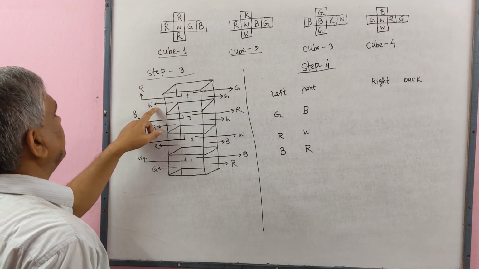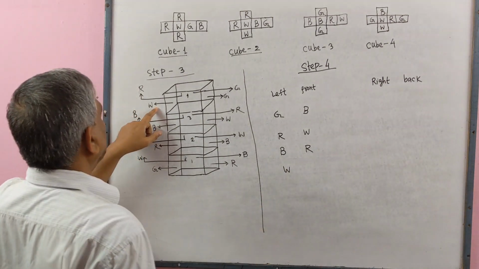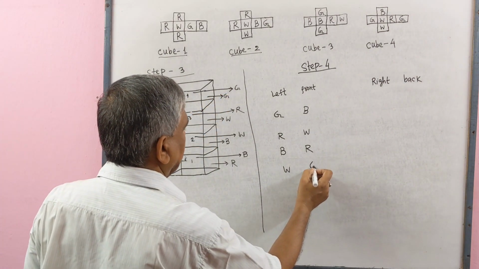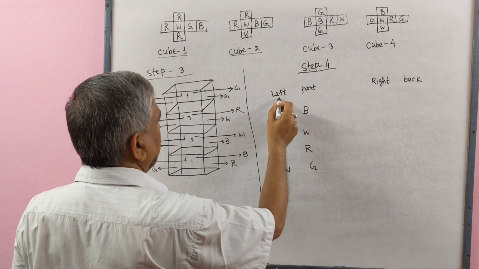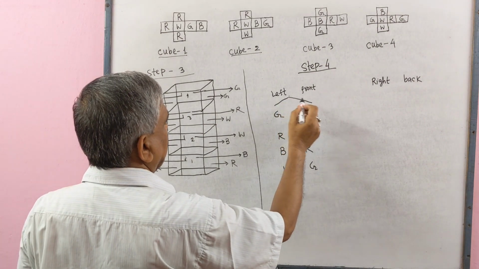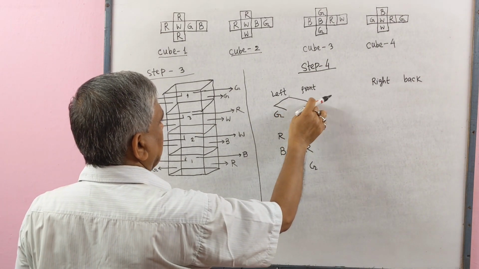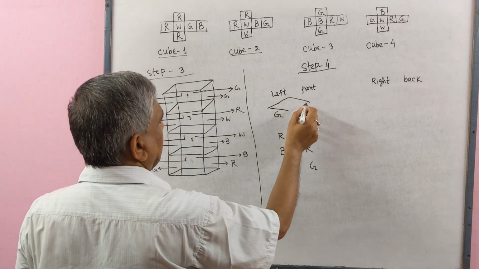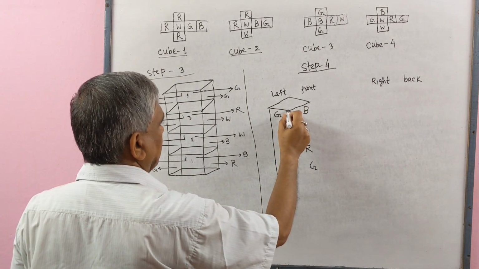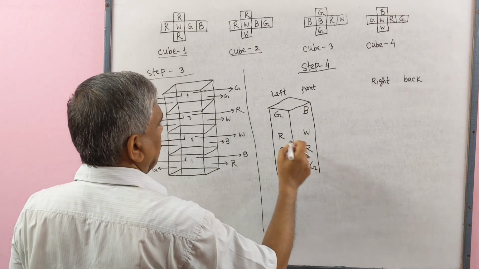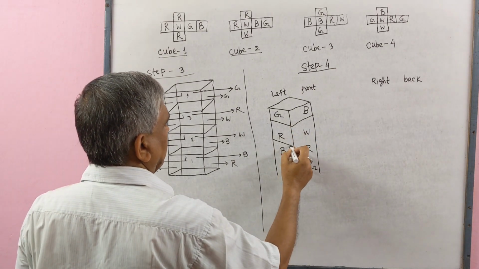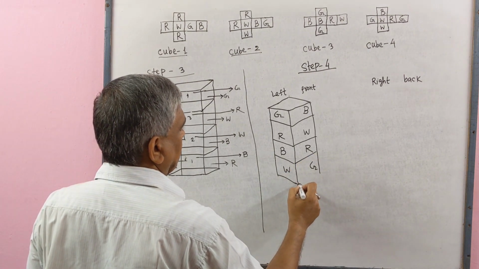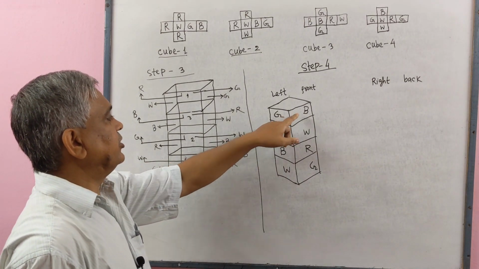In the fourth cube, left face is color W and front face is color G. So we may draw this like this is the left face and this is the front face.